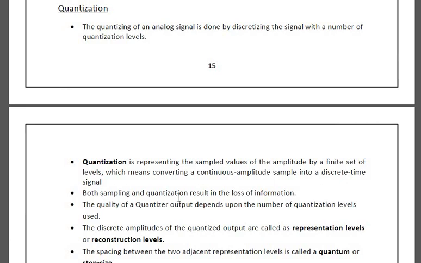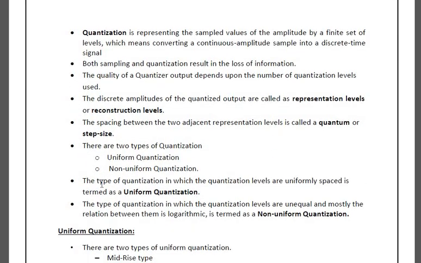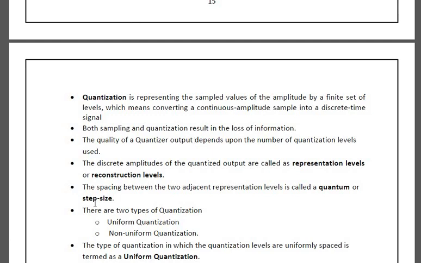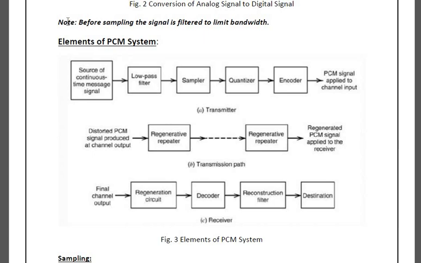Both sampling and quantization result in loss of information, but by using regenerative repeaters we can cover that. How many kinds of quantization there are and what they are, we'll discuss in the next class. I hope you are clear with this part on the elements of the pulse code modulation system.